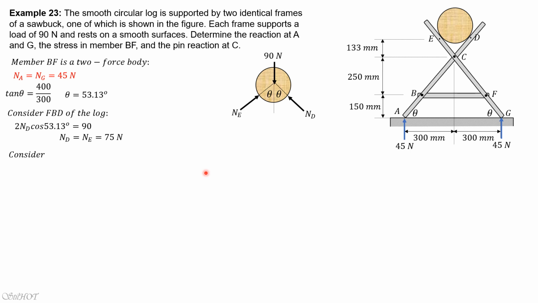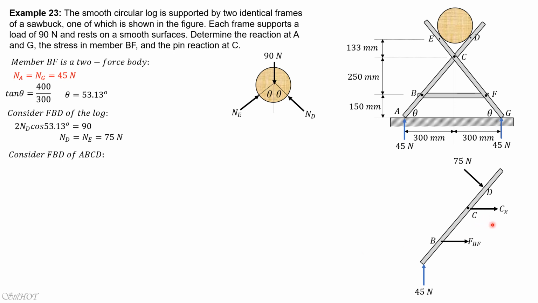Now let's draw the free body diagram of ABCD. We have the 45 here, F_BF, and we have the reactions at C, horizontal and vertical. And we have the 75 newtons, which is perpendicular to the axis of the member.